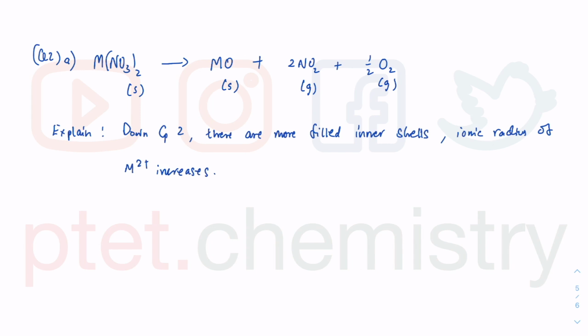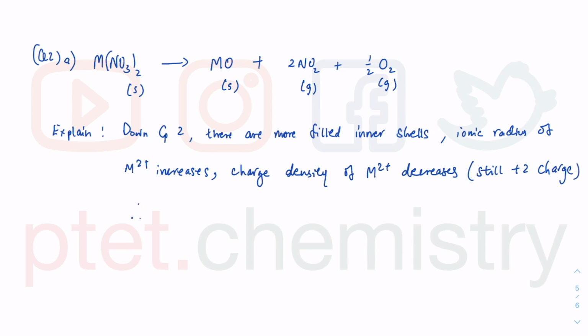When the radius of the cation increases, the charge density of M2+ decreases as the ions remain +2. So size is increased, but the +2 charge is still the same. Therefore, the charge density decreases.